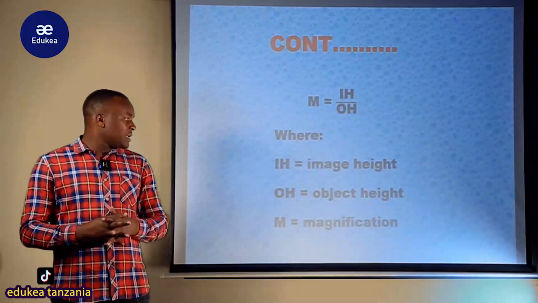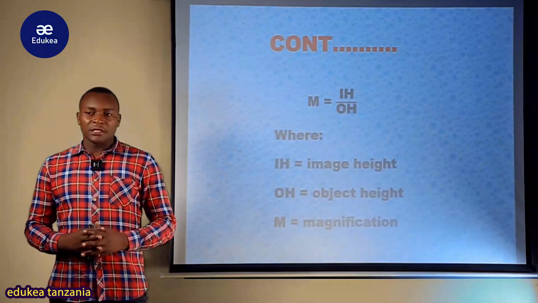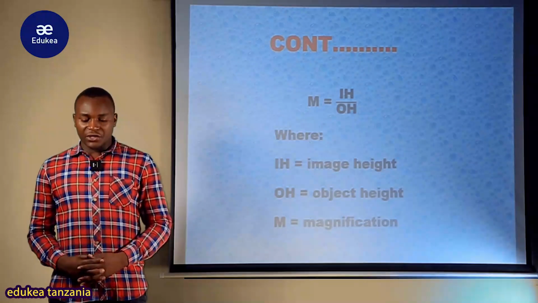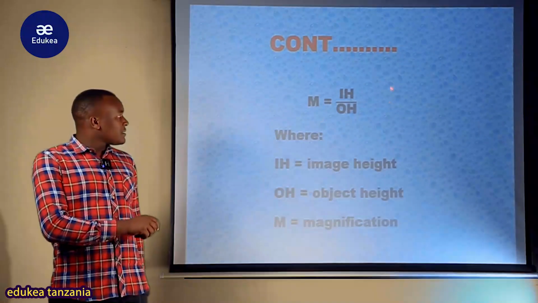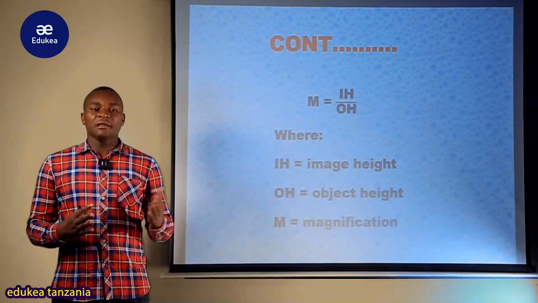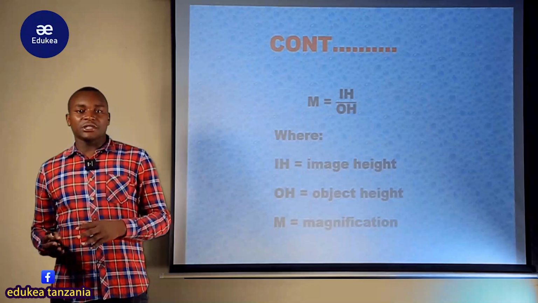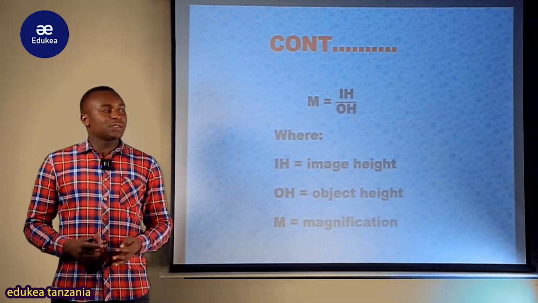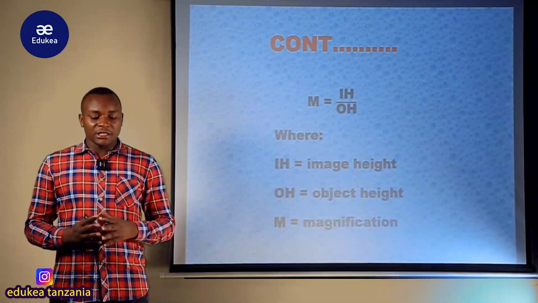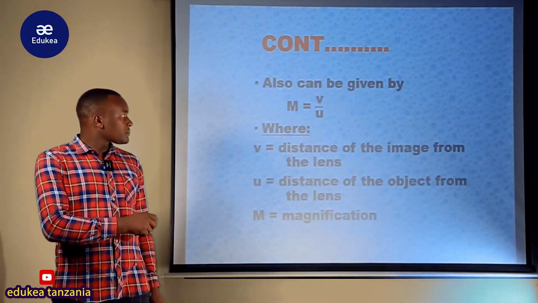Inamaanisha ni image height, but OH means object height, but M manake ni magnification. So this formula can help you to find if an object's image is being enlarged or is being reduced. So you can use this formula by taking image height, then you divide by object height.